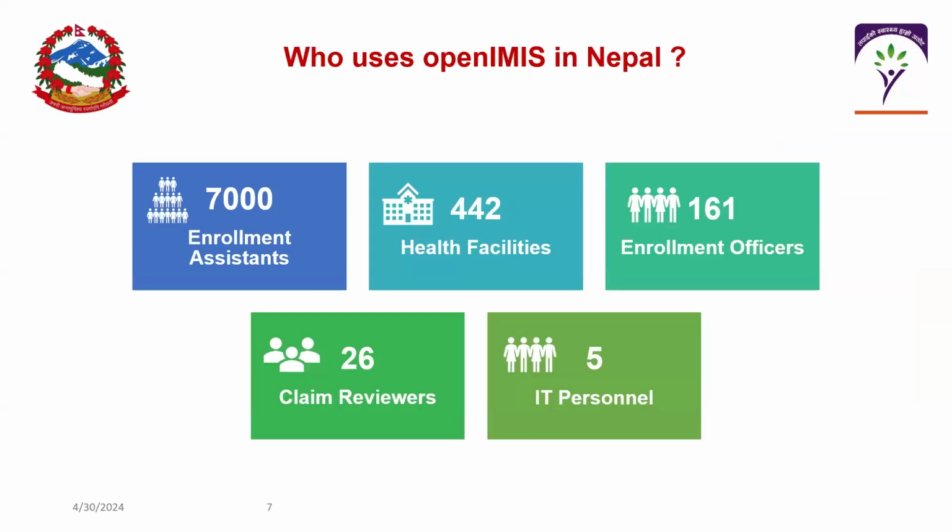Who uses OpenIMS in Nepal? Above 7,000 enrollment assistants, working at the ward level all over Nepal, use their mobile app to register families. 442 health facilities use the software to verify insurees and manage claims, and 161 enrollment officers from different districts use OpenIMS to enter and update insuree details and families, and to update premiums. 26 claim reviewers review claims at the central office.